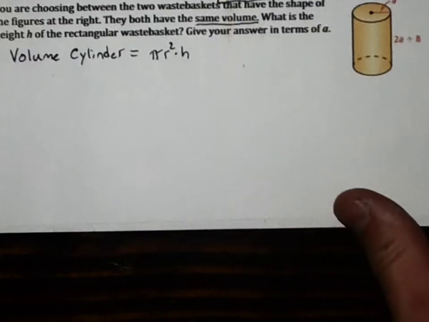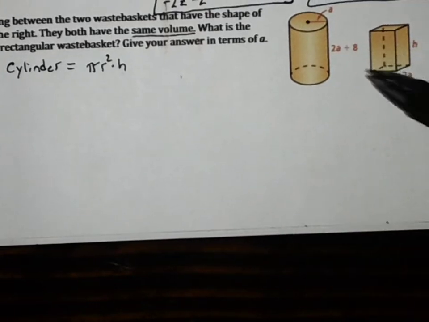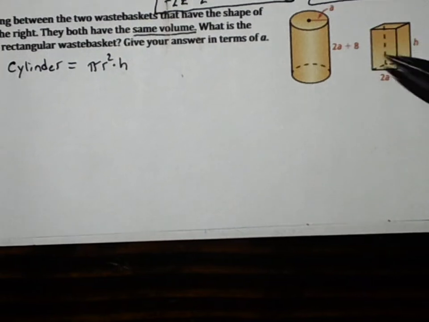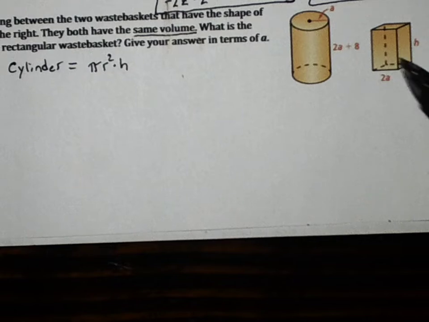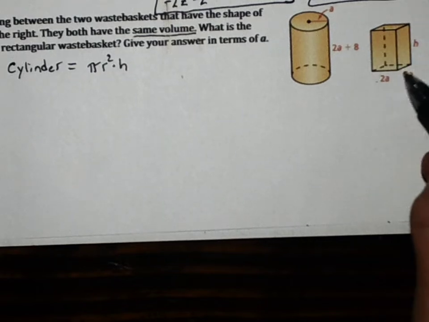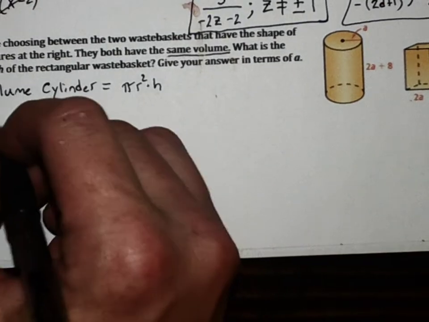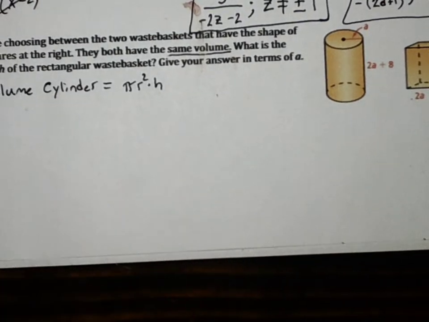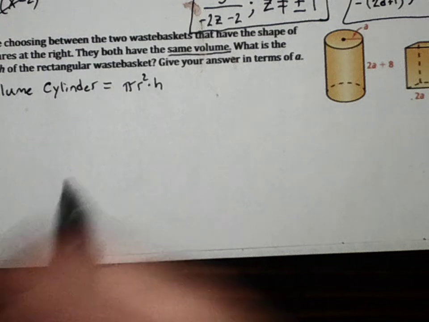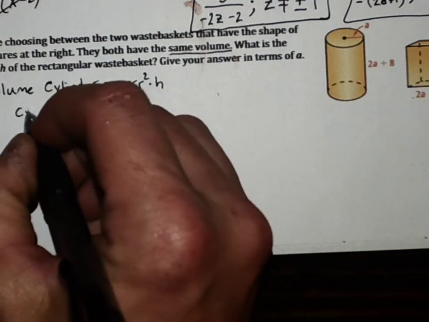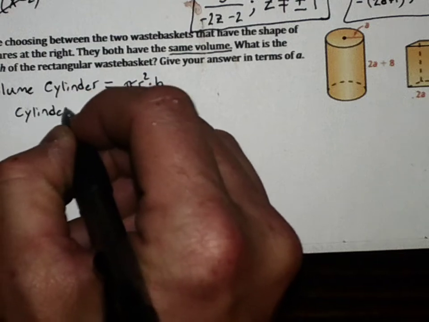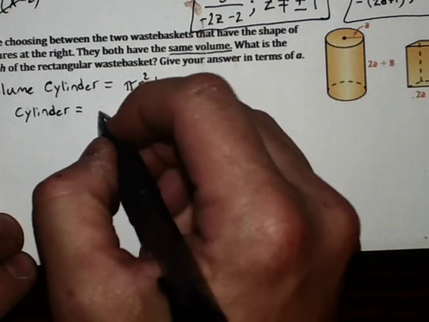The volume of this, it's called a prism. You guys can call it a cube, but a cube is where all the sides are the same. But the volume of this is just multiply all three of these together. So we're going to take the cylinder and set it equal to the volume of the prism.